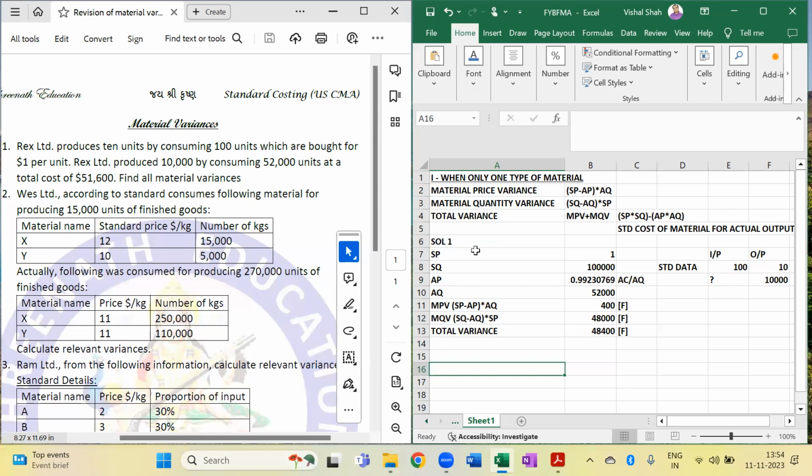Like you said, they have used the formula as AP minus SP into AQ, and AQ minus SQ into SP. Correct. But when the answer comes, they write the opposite thing. Means if their answer comes positive, they write unfavorable, and if the answer comes negative, they write favorable. Check it out, please.